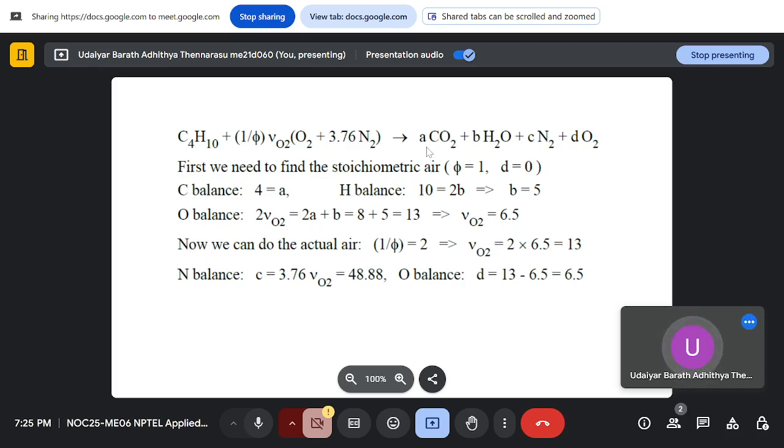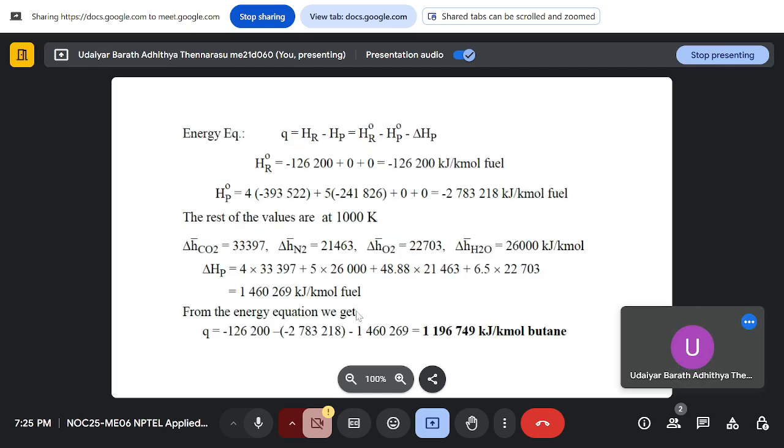Similarly A and B will be the same, so nitrogen will be 3.76 into 13, which is 48.88, and D will be 13 minus 6.5 from the previous case, so it will be 6.5. And the energy equation will be again reactant minus product, and product will be formation plus the enthalpy change.